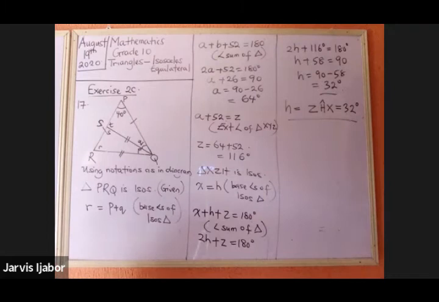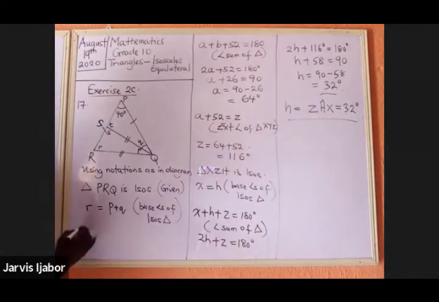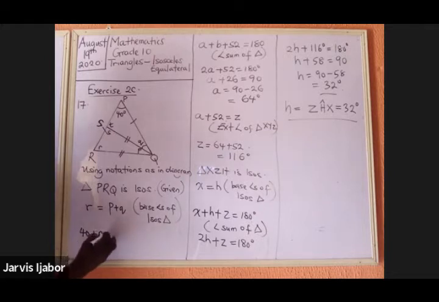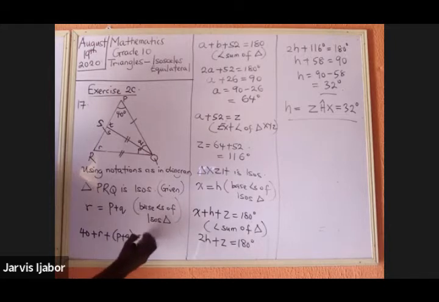So that is settled. The next thing you may want to take care of now is to say that 40 plus R plus Q is equal to 180 degrees. What's the reason for that? Angle sum of triangle.